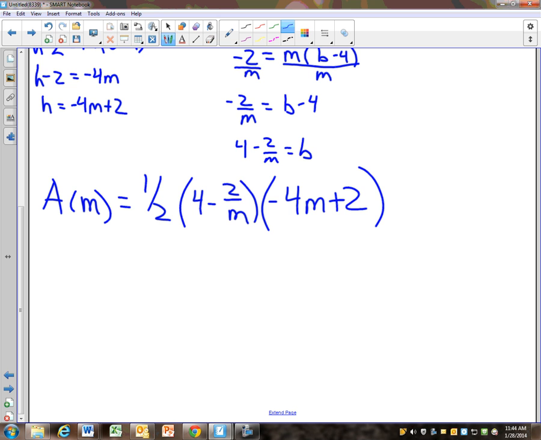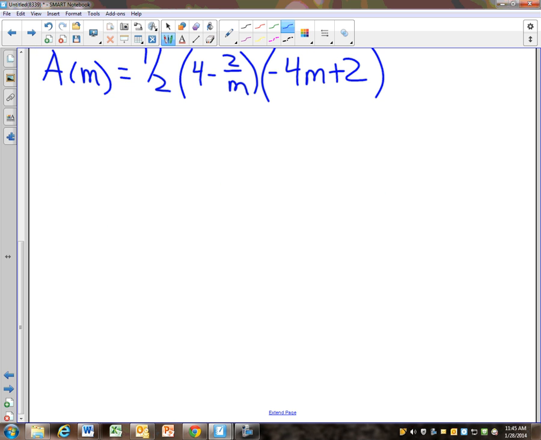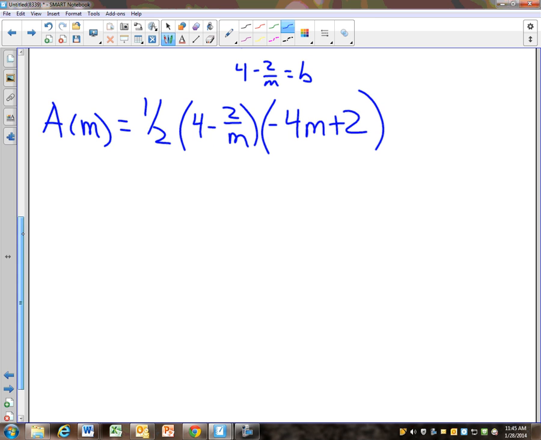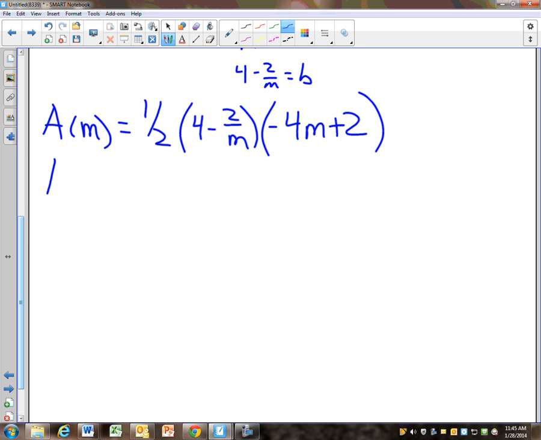Take the derivative, set equal to 0. So, before we take the derivative, what should we do? Okay, let's simplify it out. Area in terms of m is equal to 1/2 times 4 times 4, or 4 times negative 4m, negative 16m, 4 times 2, 8, negative 2 over m times negative 4m, 8, and negative 2 over m times 2 is minus 4 over m.